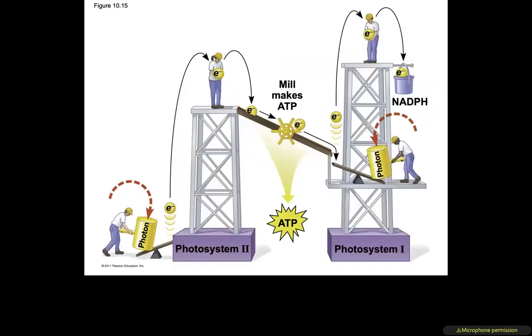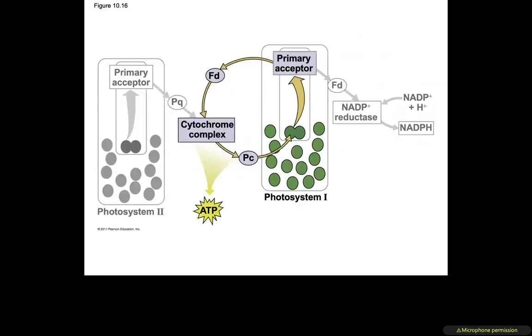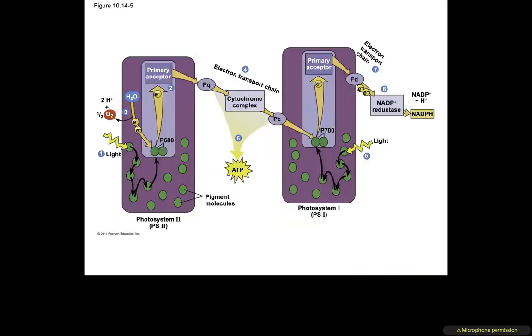This is just another model showing energy levels. This is showing cyclic versus linear. I'll back it up. When we're talking about linear, we're talking about the linear flow of electrons. Electrons come in on the water, they go through, they go through, they go through. Electrons leave on the NADPH.